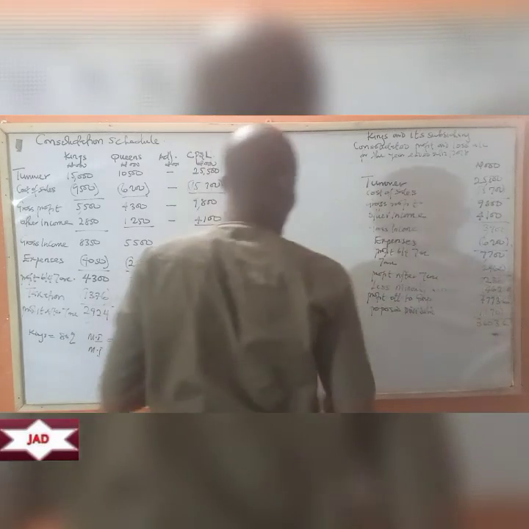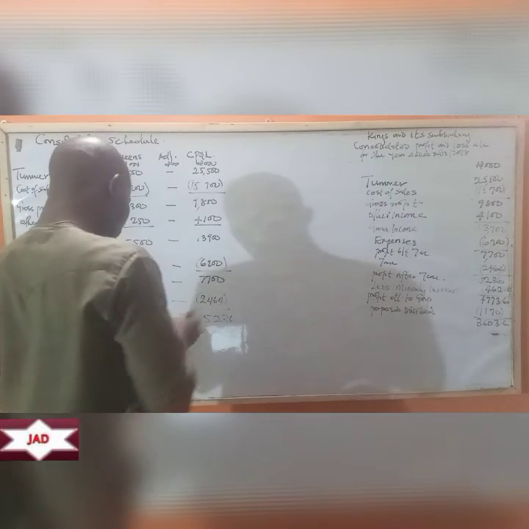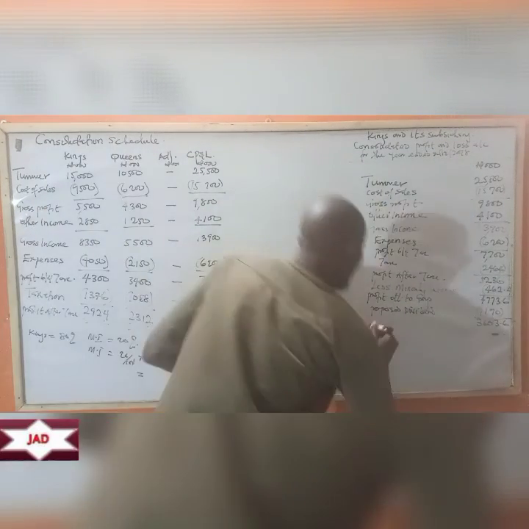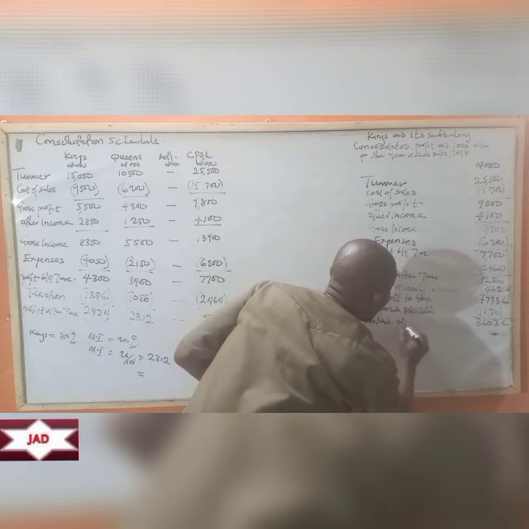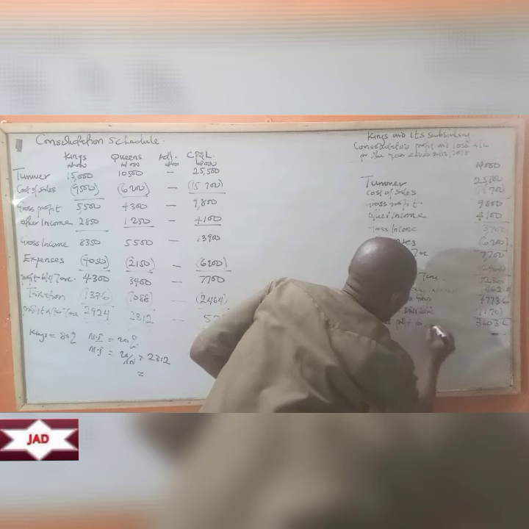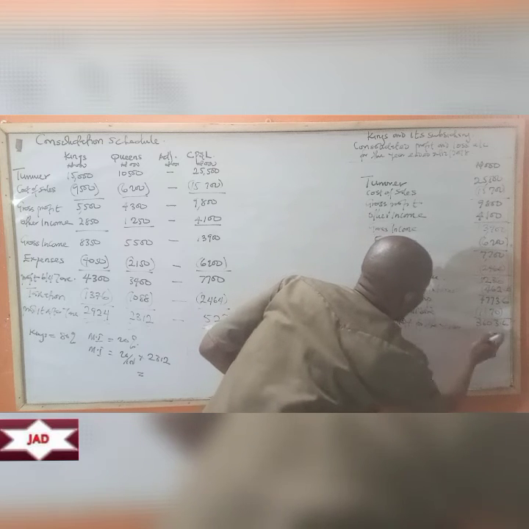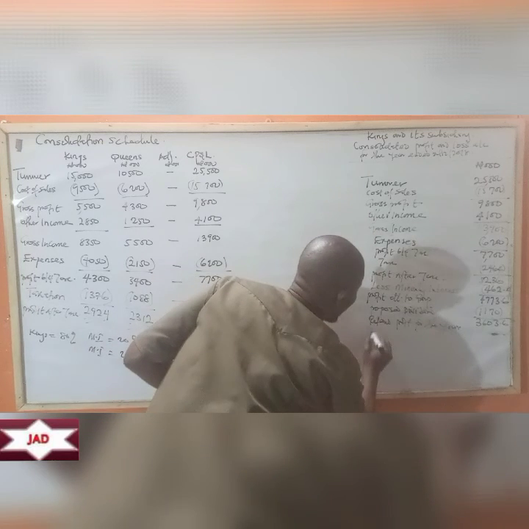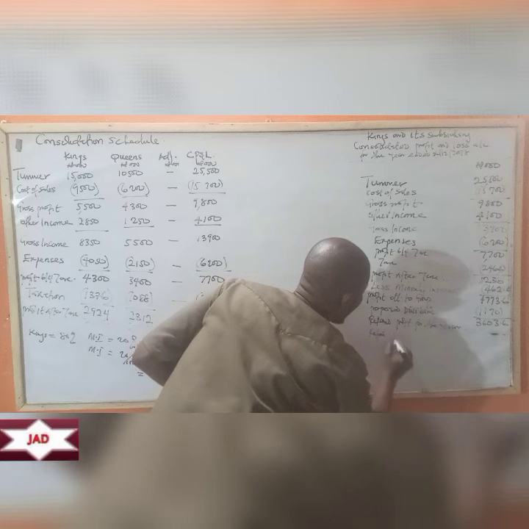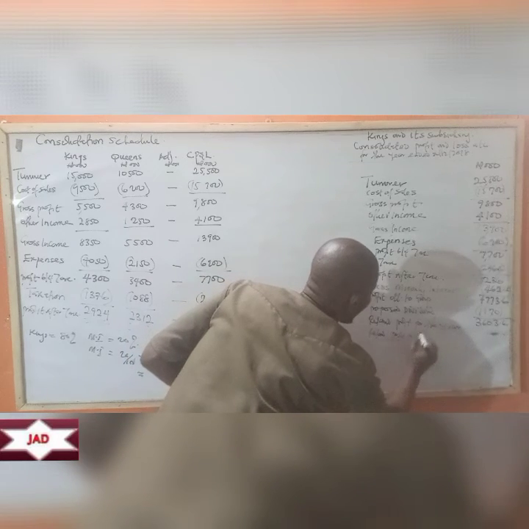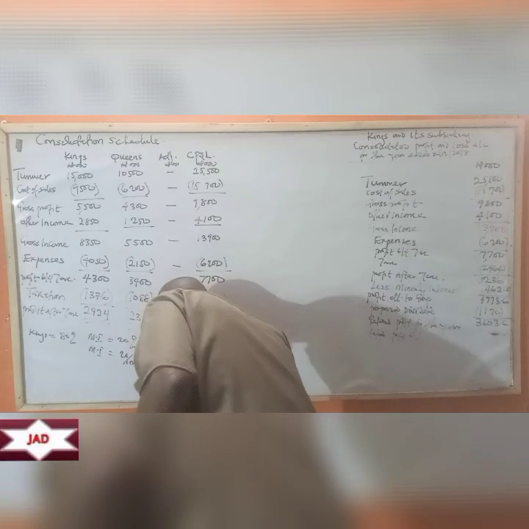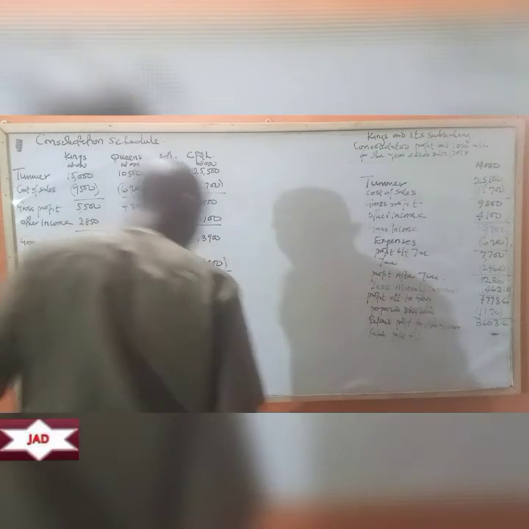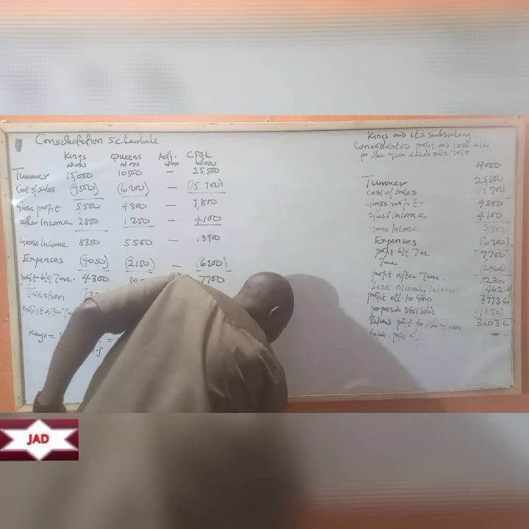So this is what? Retained profit for the year. So we now say retained profit brought forward. So what is the retained profit brought forward?